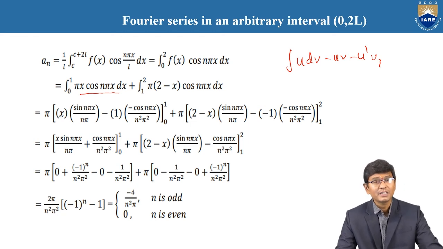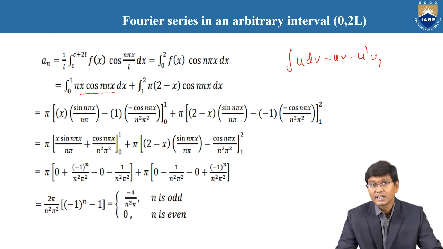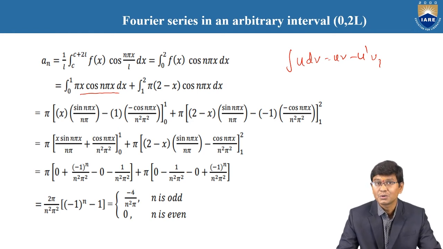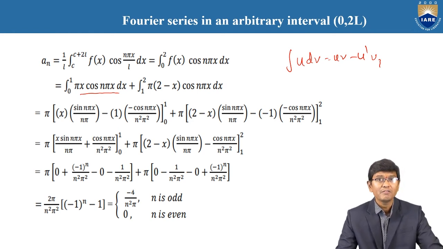And once again, using the upper limit as well as the lower limit, as we know sin n pi into 1 is sin n pi. For all values of n, sin n pi is equal to sin 0, which is 0, you know that. And once again cos n pi x, and here also x is equal to 1, by replacement of the value, cos n pi, we know, is minus 1 whole power n.